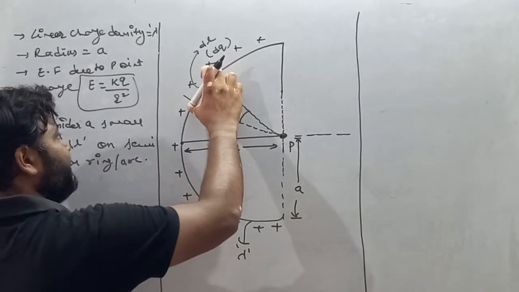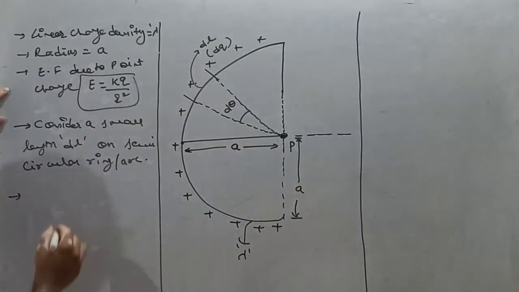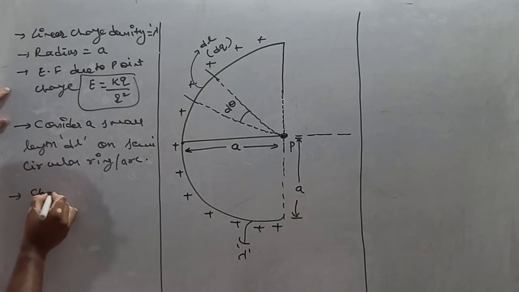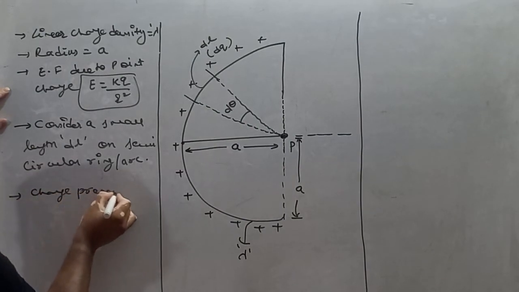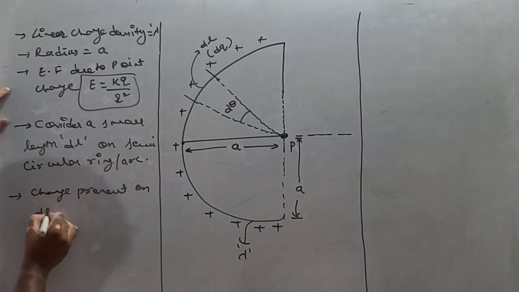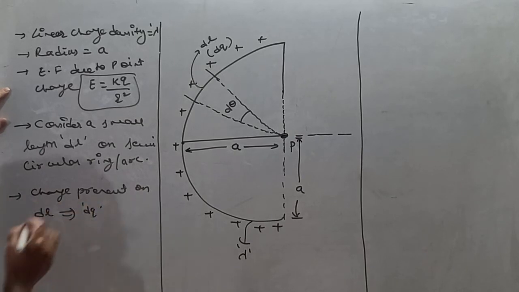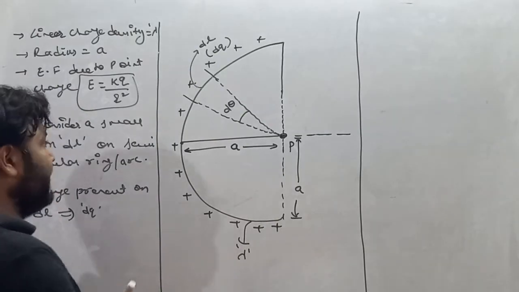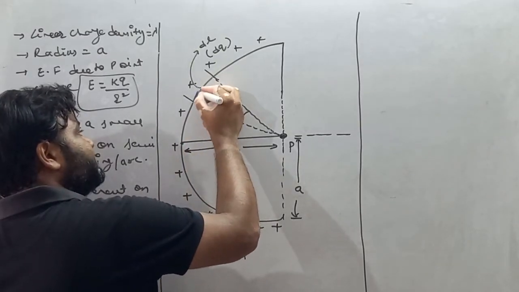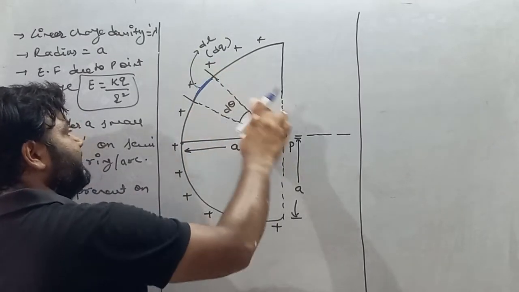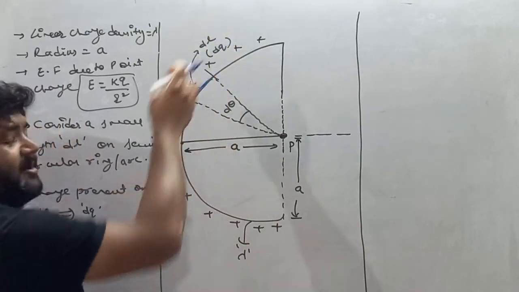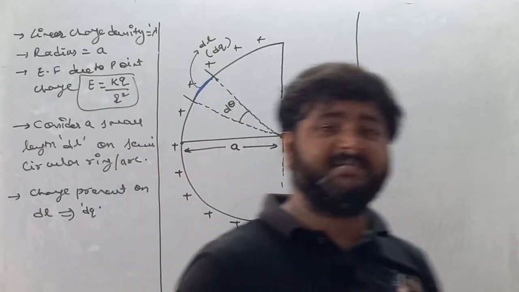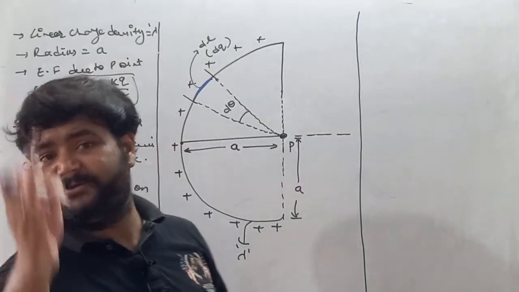This part of the semicircular arc carries charge dq, the charge present on dl is dq. This small part is considered in the form of dq. Why dq? Because dq will act as a point charge, and we only know the electric field due to a point charge.